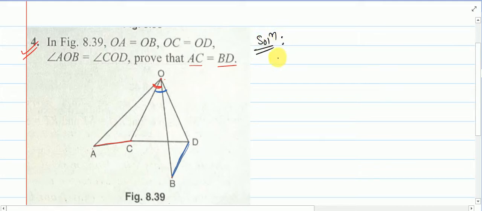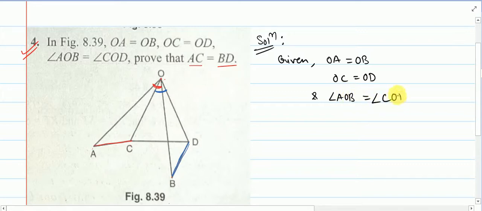Solution. Given OA is equal to OB, OC is equal to OD, and angle AOB is equal to angle COD. Now this angle AOB is equal to angle COD can be written like this.